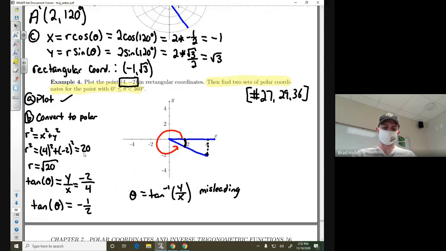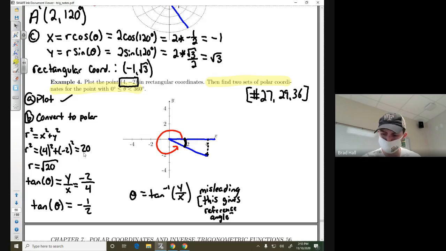So if we typed in tan inverse of -1/2, we get about -26.57 degrees, which is a negative. That's telling us the part in black, the reference angle in all actuality. So we have to realize that this gives the reference angle.